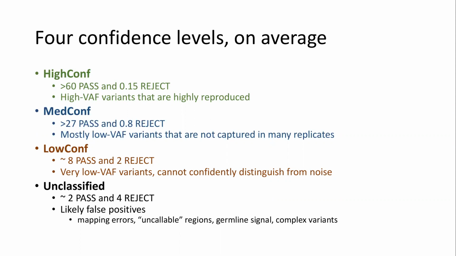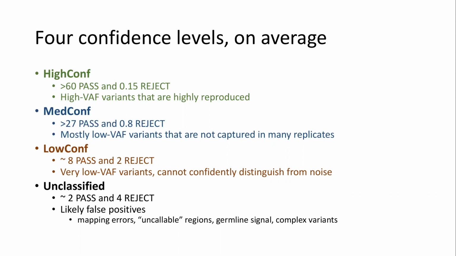For those mutation calls, over 90% of tumor normal BAM files, they're classified as a real mutation. And then 0.15 reject means that's how frequently they are classified as a false positive by SomaticSeq. So very rare. So that's like a 200-to-1 ratio.